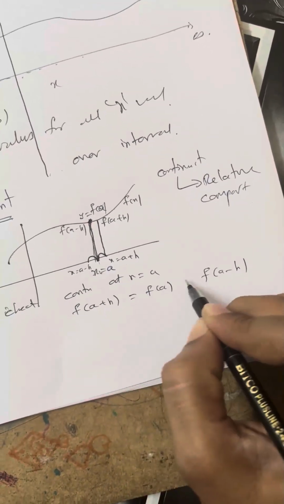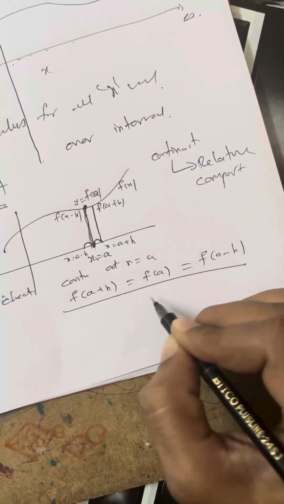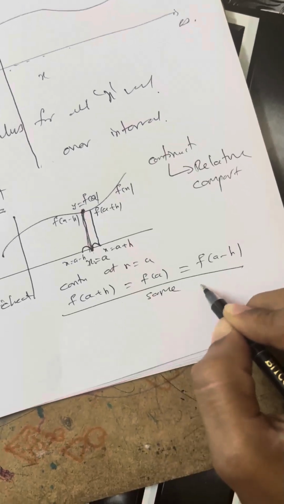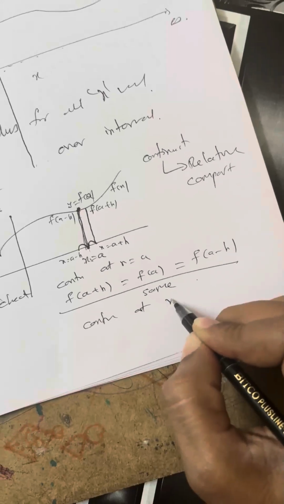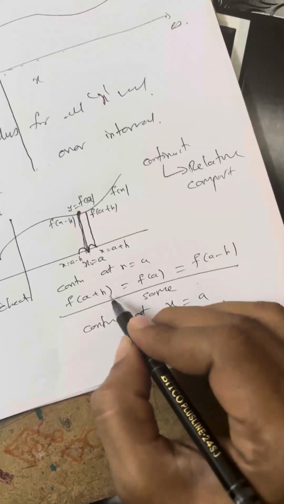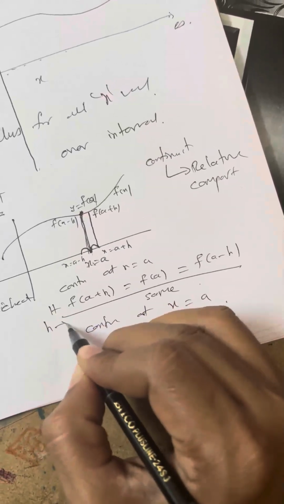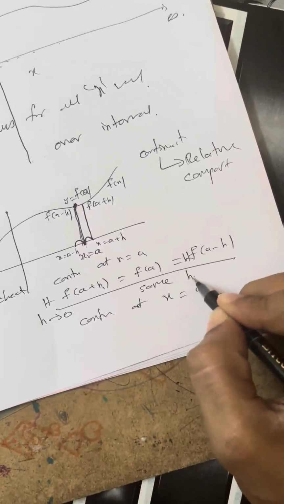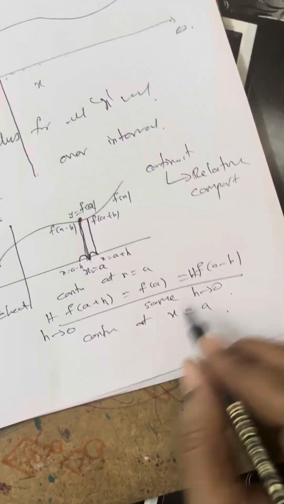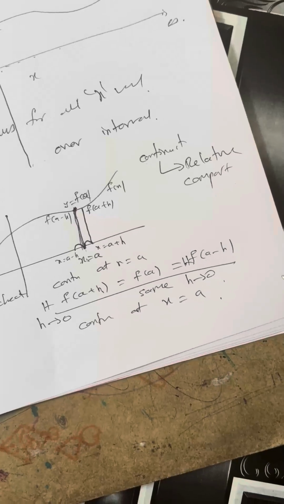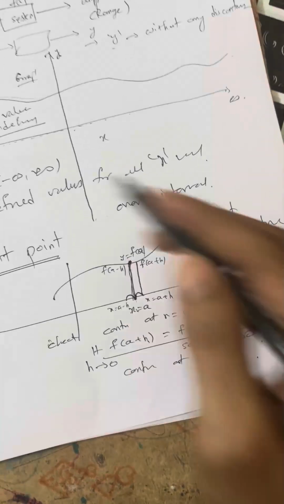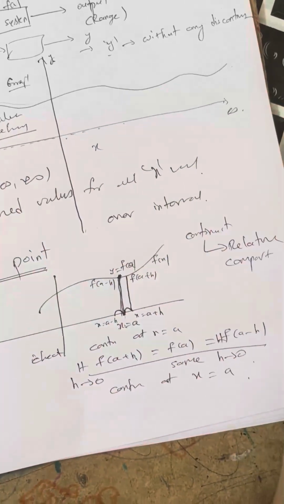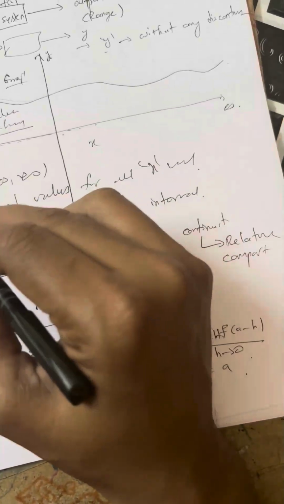And if all these three are the same, then only we can say the function is continuous at x is equal to a, where h is almost equal to 0. This is the way of checking continuity at a single point. This is the way of checking continuity over an interval.